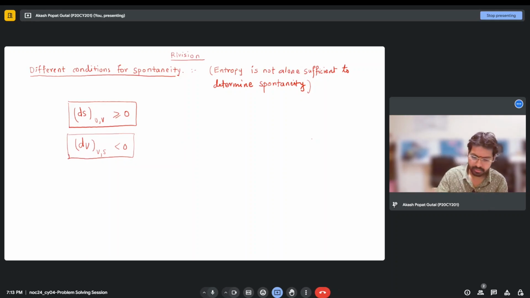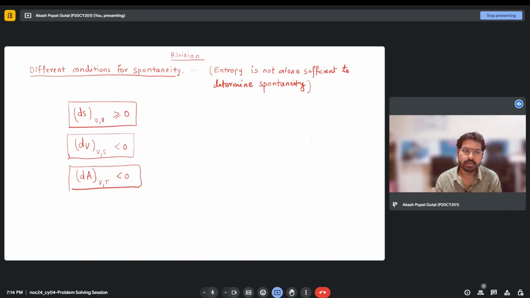The third condition is about the change in Helmholtz free energy at constant volume and temperature, which must be less than zero. And the fourth, which is well known, is the change in Gibbs free energy at constant pressure and temperature, which must be less than zero.